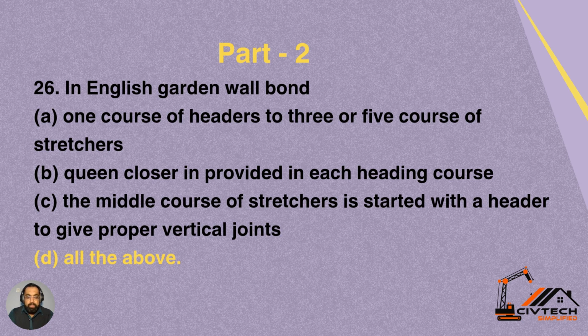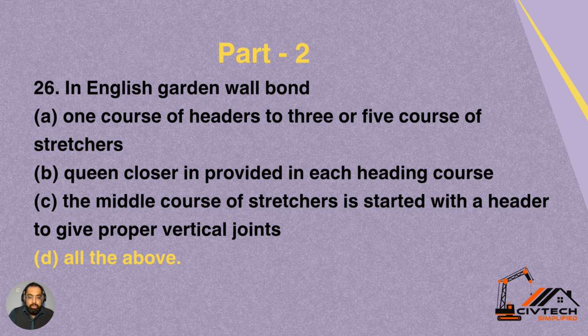So question number 26 would be number one. In English garden wall bond, options available with us are A. One course of headers to 3 or 5 courses of stretchers are used. B. Queen closure is provided in each heading course.